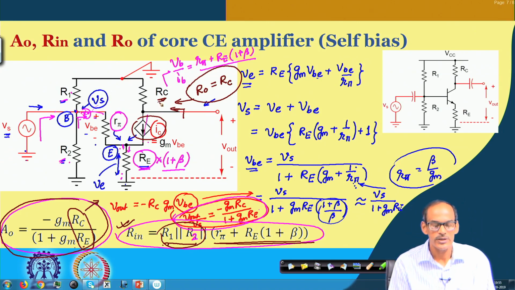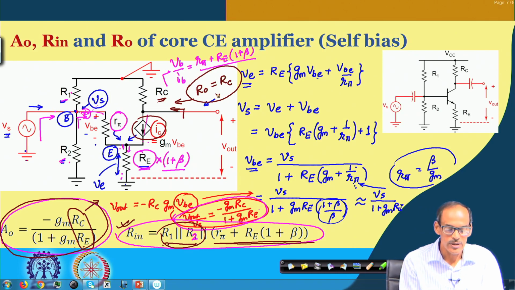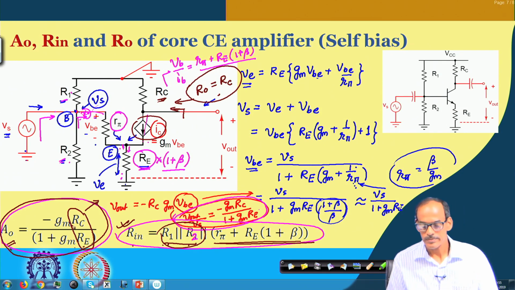So, the output resistance is R c, the input resistance is practically R 1 parallel R 2, and the voltage gain is minus G m into R c divided by 1 plus G m into R e.